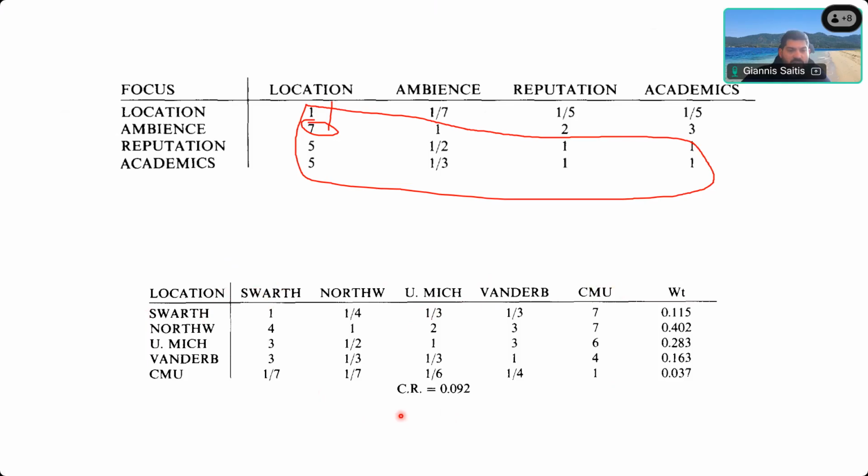The CR is the consistency ratio, which is also calculated by the eigenvector. And after that, you have the calculation of the weight, WT. I will show you later also the mathematics.